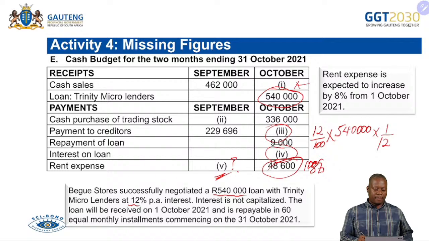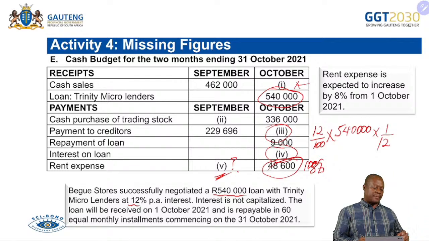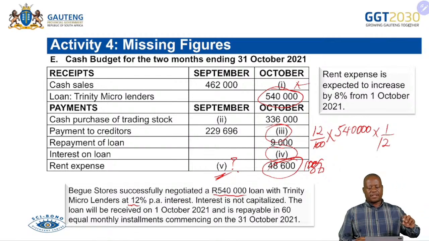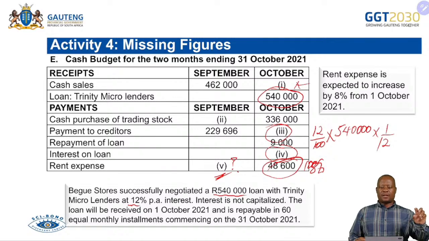Now, let's also just, before we move on, we get to creditors' payments. Remember what I said when it comes to creditors. There is a relationship between the figure that is given for creditors and the amount for sales. So that is exactly what we are using here.